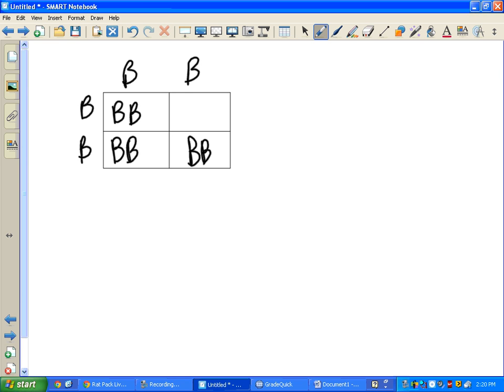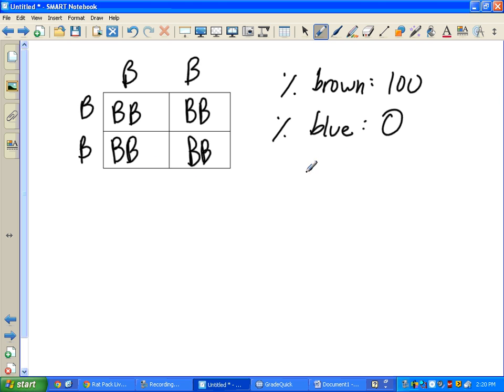So that's the only alleles they can give away. So if I wanted to write percent of brown eyes here, it'd be 100. I have 100% brown-eyed kids. If I want to do 100% blue, 0, right? I don't have any blue-eyed kids here. In order to be blue, you have to be little b, little b. So that'd be 0.